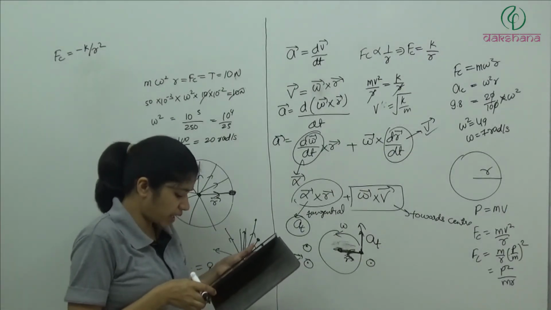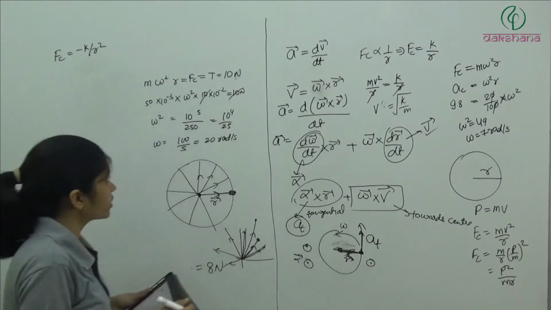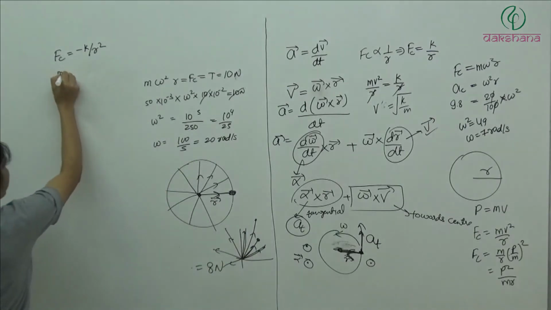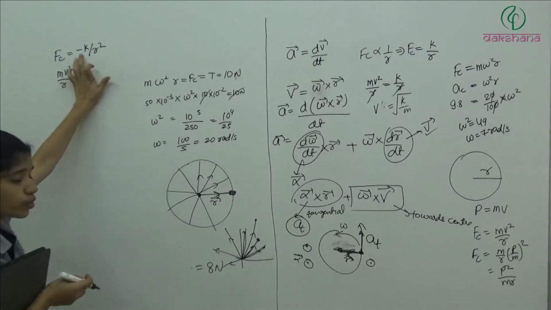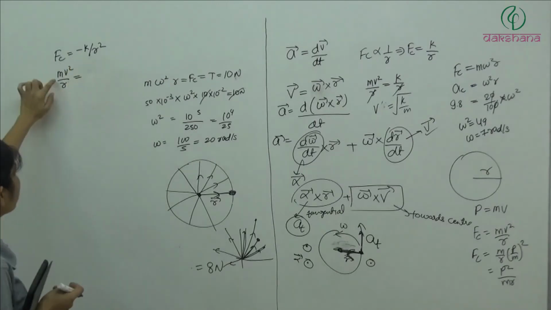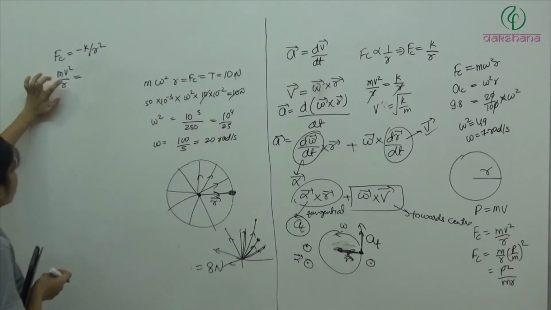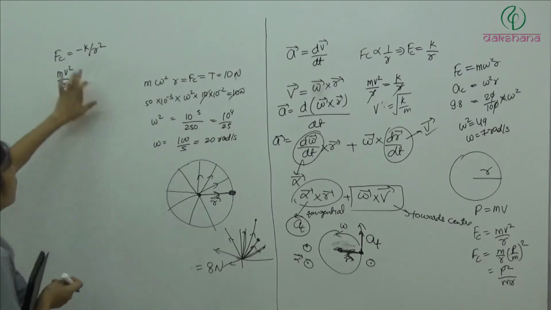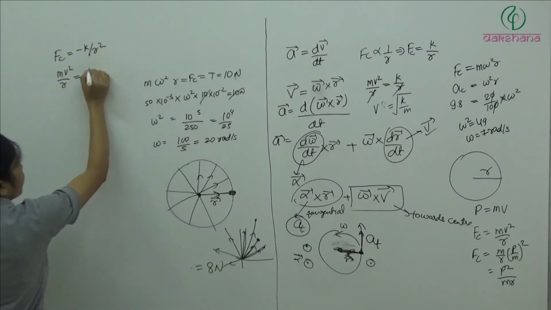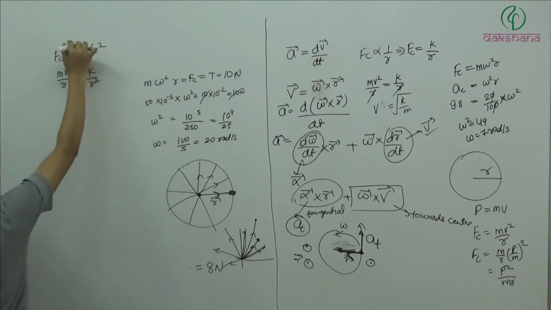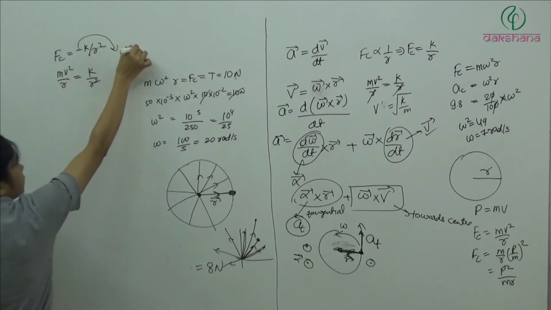Centripetal force is given, and centripetal force is mv square by r. Now this minus shows the direction, because m is positive, r is positive, v square is positive. So when we write this mv square by r, it is going to be k by r square. Here minus is showing the direction.